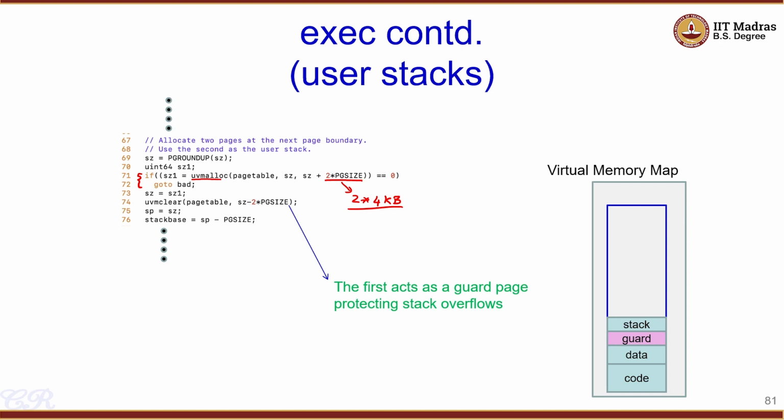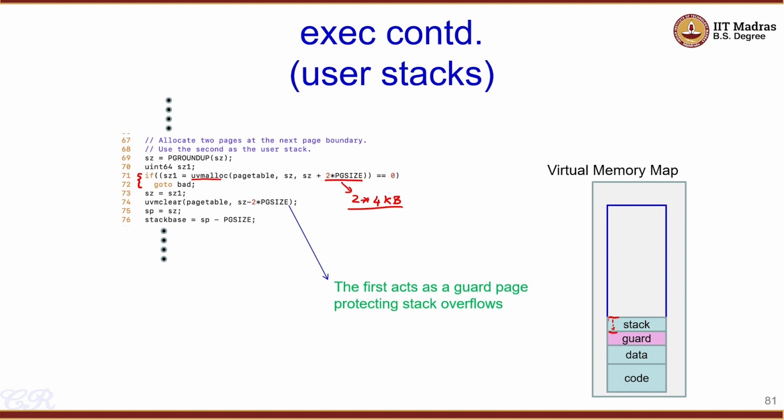Now one thing we want to highlight over here is that out of these two pages, one page is used for the stack, right? So one page means there are 4 kilobytes used for the stack. The stack pointer would be initially set to the top of this address, and then as it gets used, the stack essentially grows downwards.